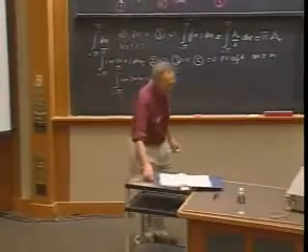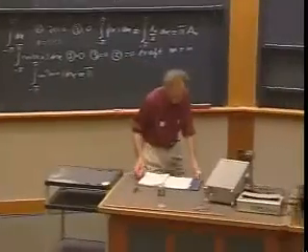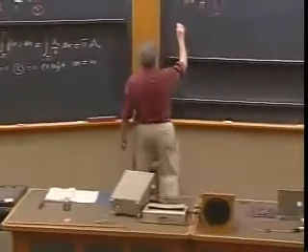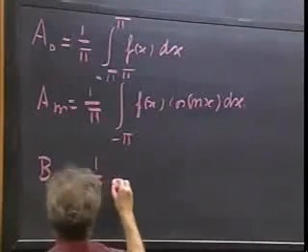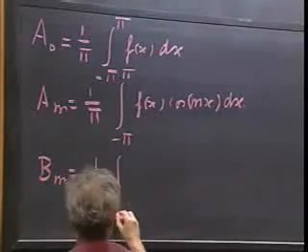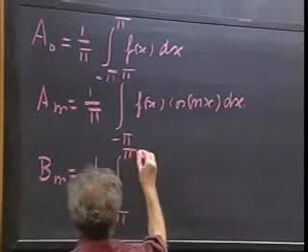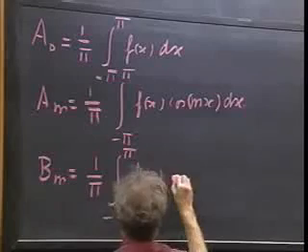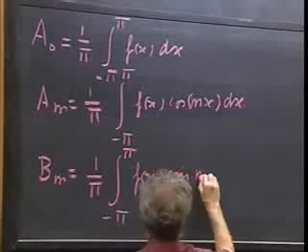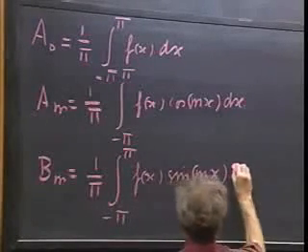And so you see now that we also have the recipe to find all the values for b of m. That's going to be 1 divided by pi times the integral from minus pi to plus pi, that is the period of the function, times f of x, times the sine of m x dx.